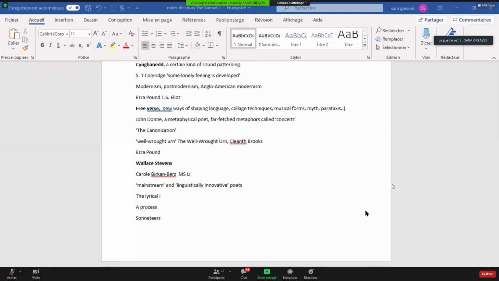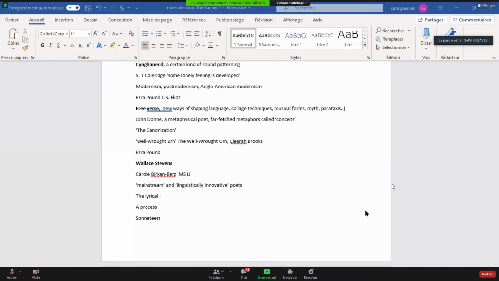What I'm saying is that the sonnet seems to have a very strong attraction for English poets, and that even when they don't want to write in poetic form at all, they sometimes end up using it, and that from the very beginning it's always been an innovative form.